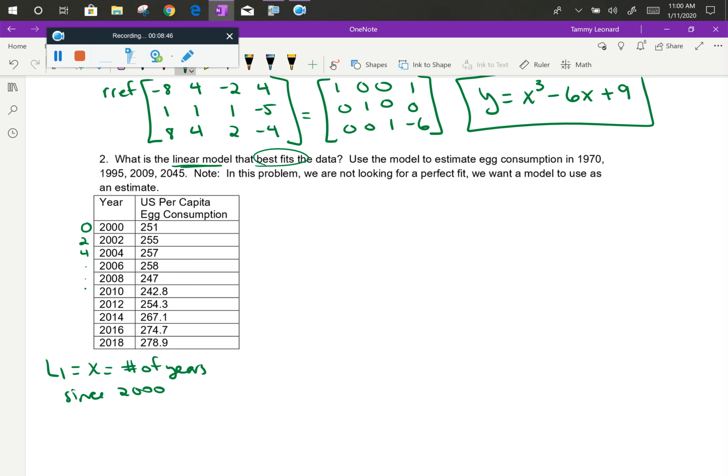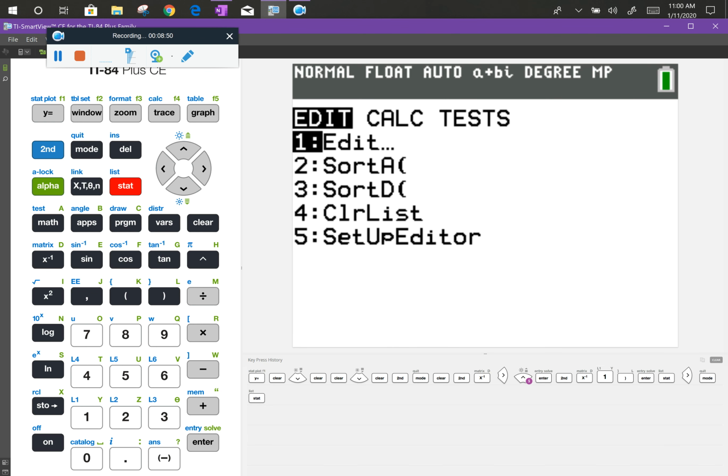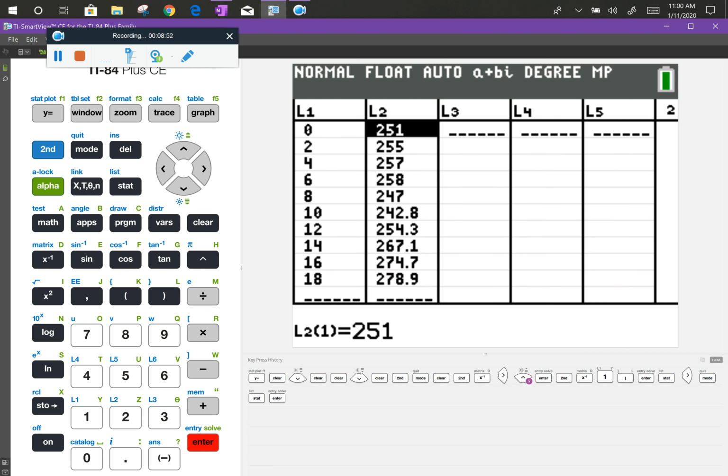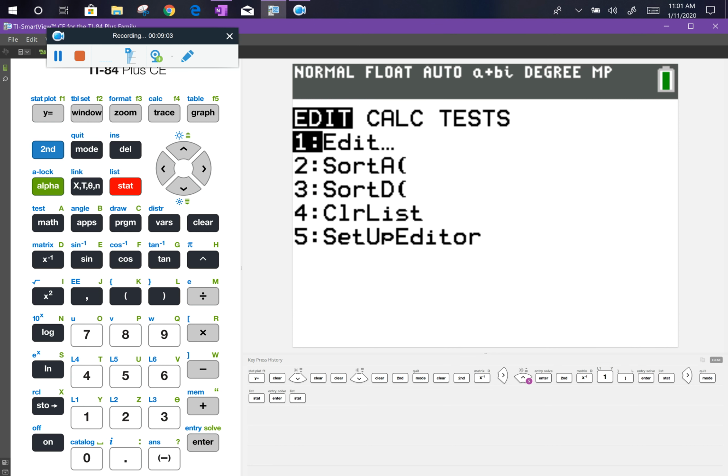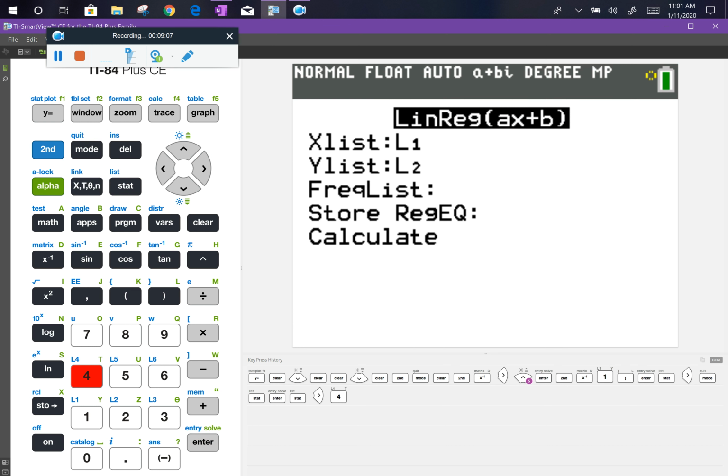So again, I cheated a little bit so you didn't have to sit here and watch me push buttons. I went into stat and edit, and you'll see that all my data is there in list 1 and list 2. Obviously you would have to type those numbers in. If I'm getting a linear regression, I'm going to go back, hit stat, choose calc, and number 4 for linear regression.